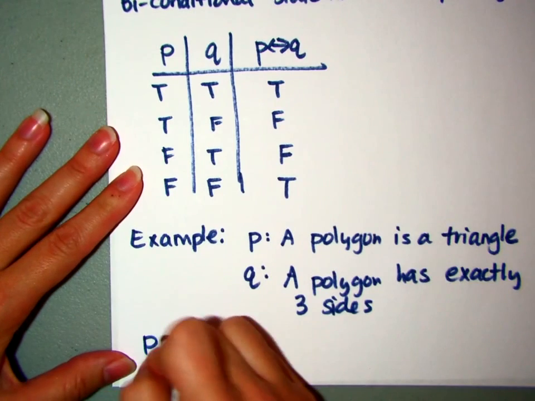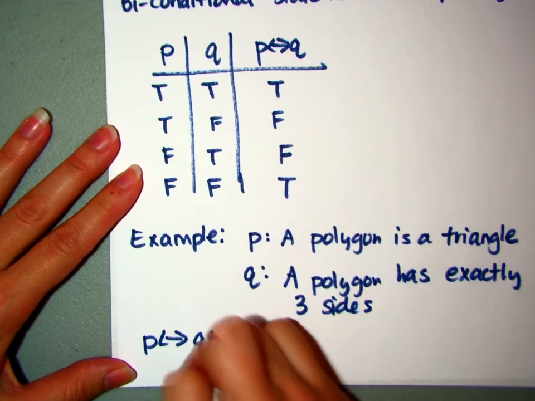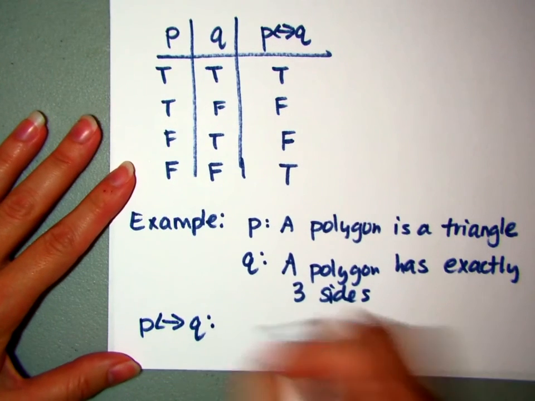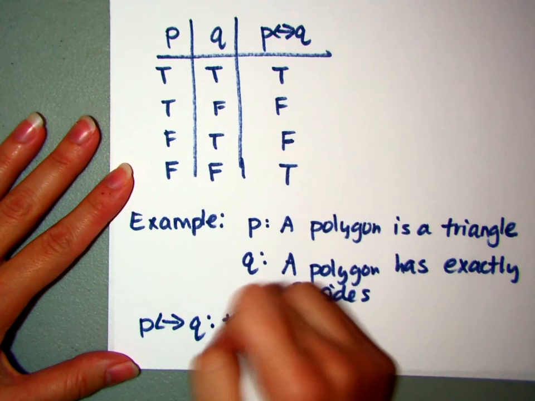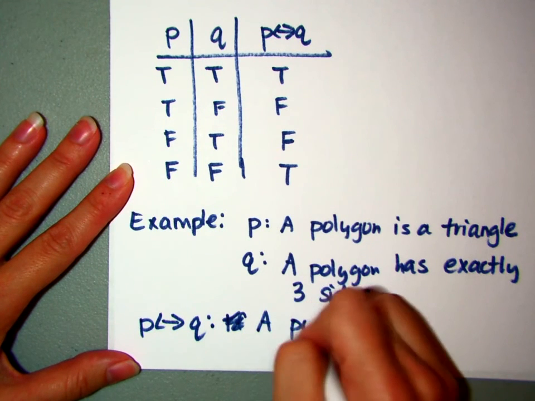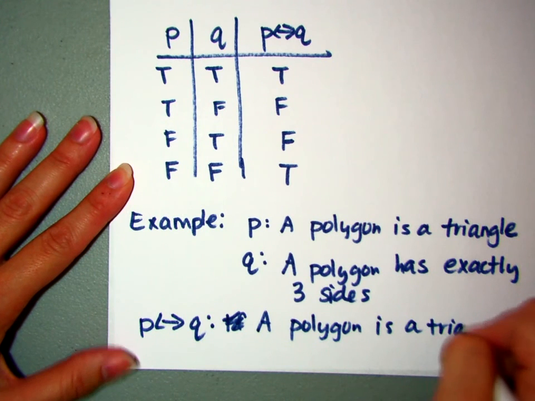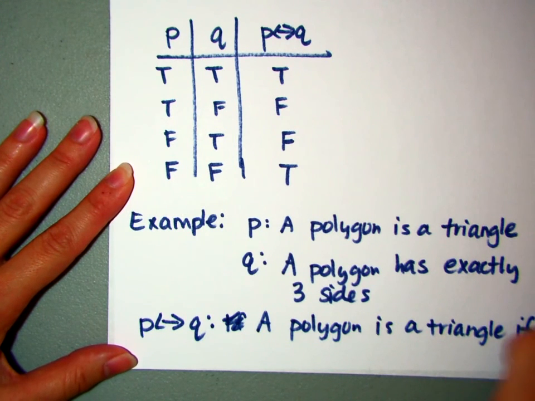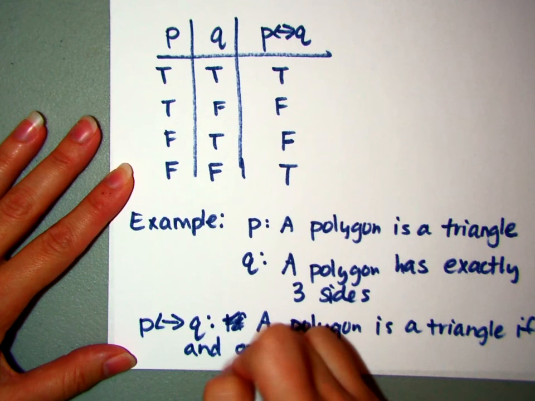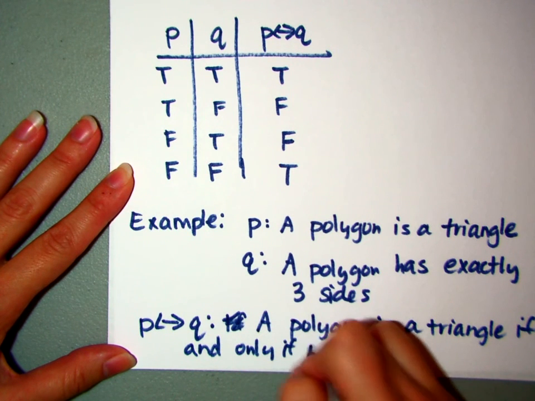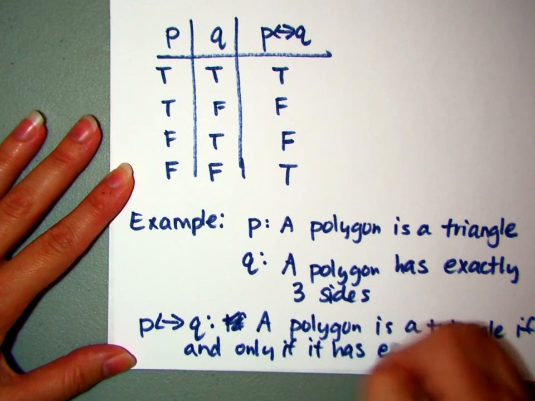So then, when we go for our statement here with the if and only if, we could write, a polygon is a triangle if and only if it has exactly 3 sides.